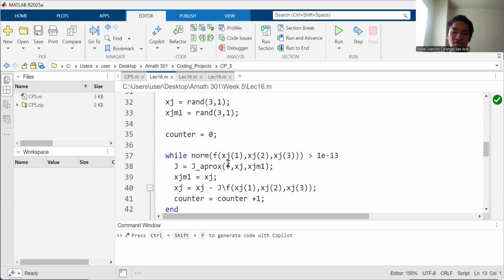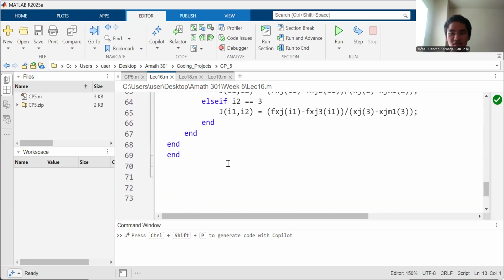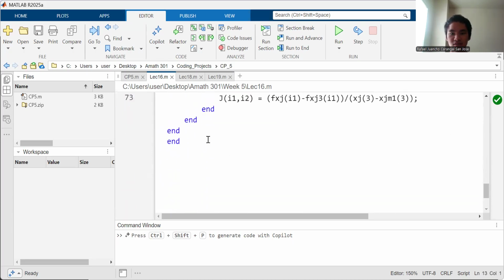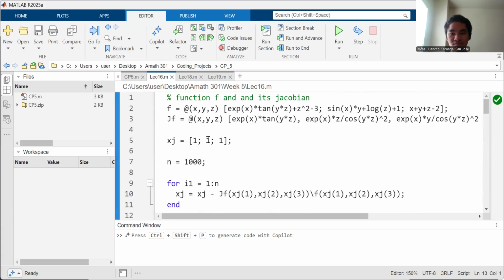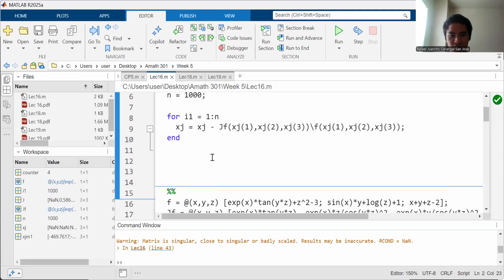So if we remember our secant rule when we reviewed, here we're approximating. Anyways, I'm going to run all of them. And I want to see. That's fine. I'm going to run all of them.